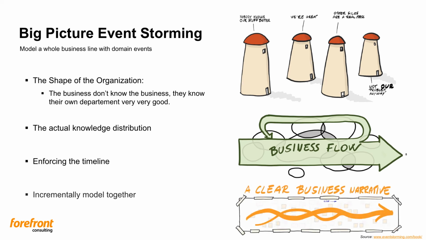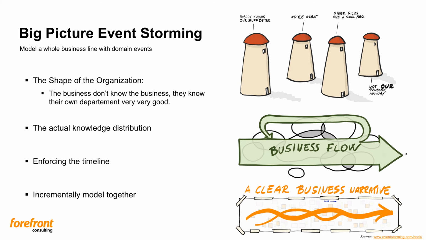but it's good to address those early at least. The main point of the whole event storming is that you will create a business narrative using business events. All the events will be represented by sticky notes and be something that happens in the business.